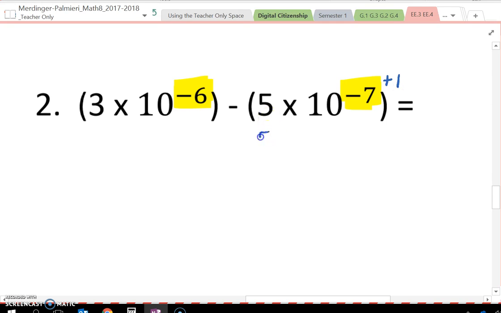So 5 has a decimal behind it, and we are adding a space by moving it 1 place to the left. And I'm going to minimize some room here by just putting it right into the problem. So this is 0.5 times 10. Now be careful with your integers. Use those calculators.